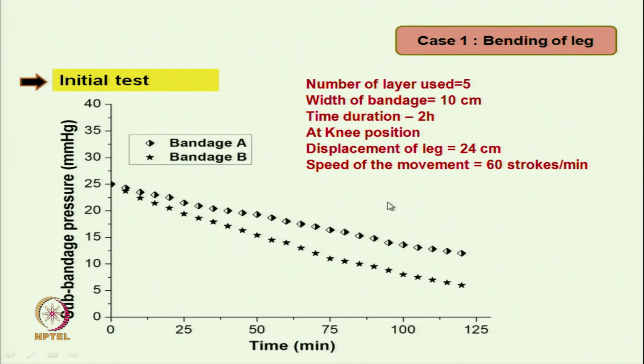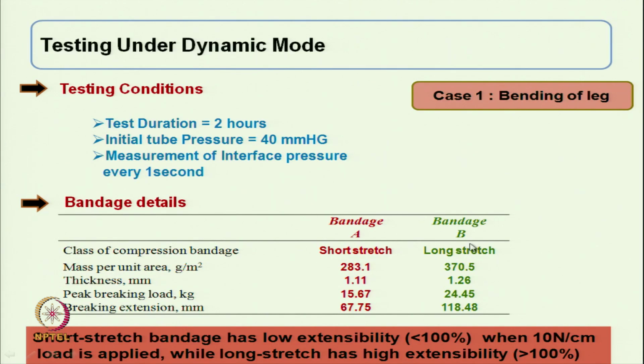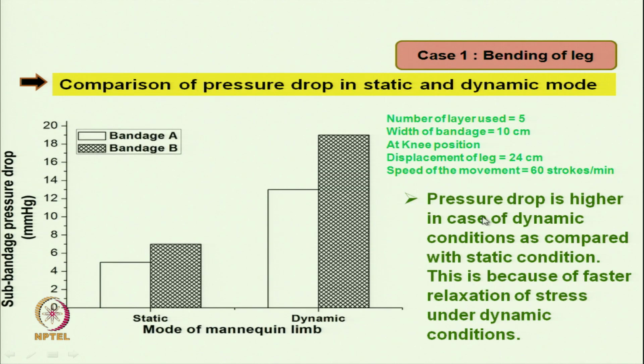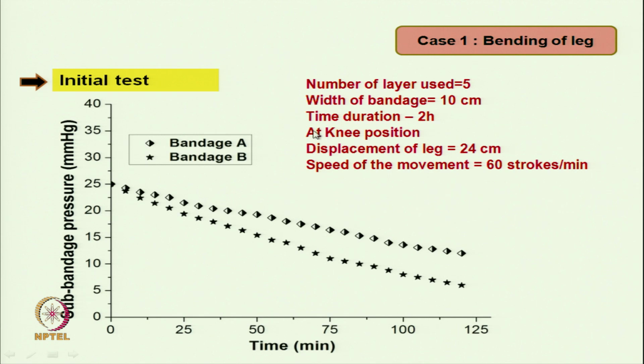That means the long stretch bandages are responsible for the drop in pressure that we have seen earlier also. So, to retain the pressure we must use the short stretch bandage, at least for the knee zone, where the profile is a simple profile with higher radius of curvature.